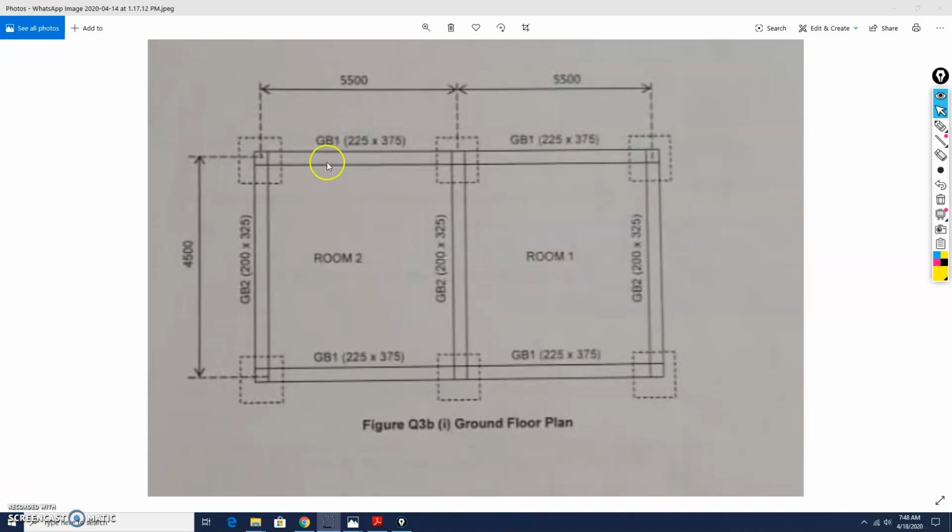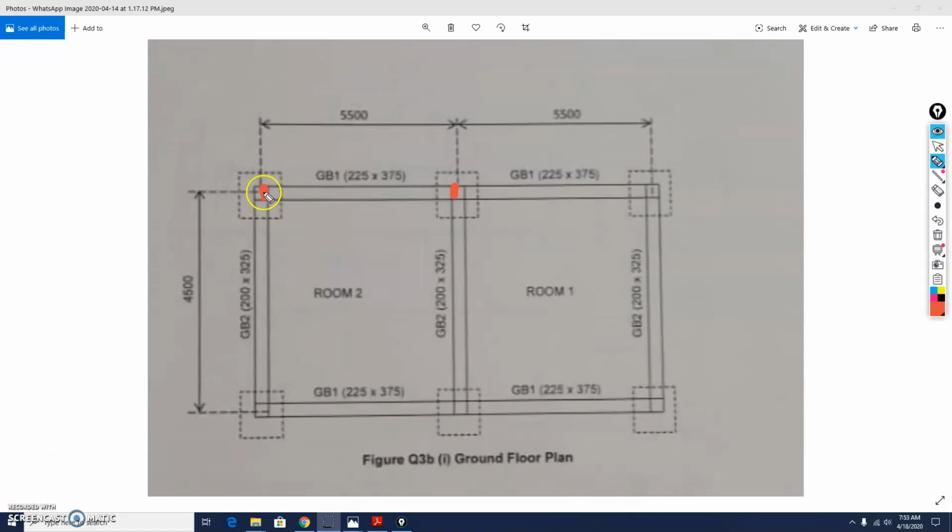The length of each GB1 is 5,500 millimeter, including the half column here and another half column here. The breadth and depth for GB1 is given, 225 for breadth and the depth is 375.